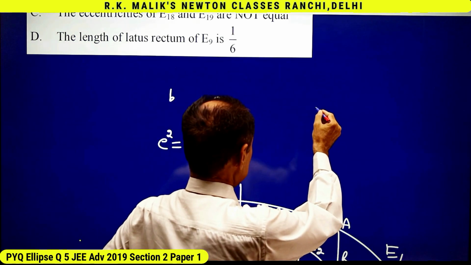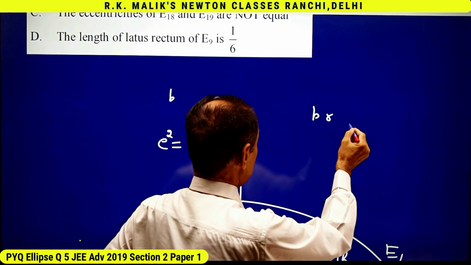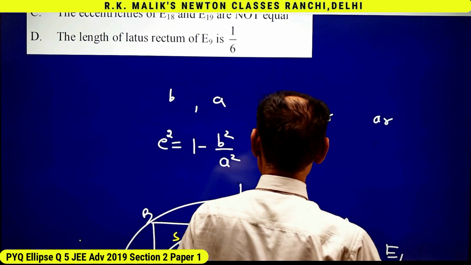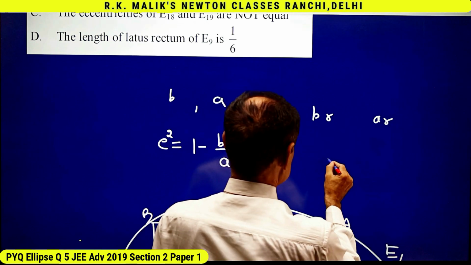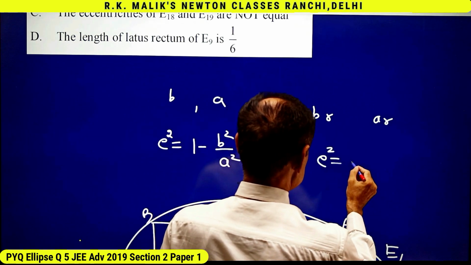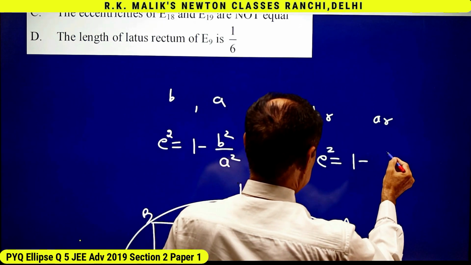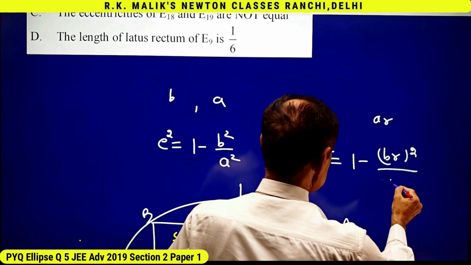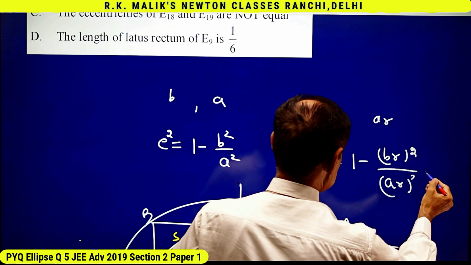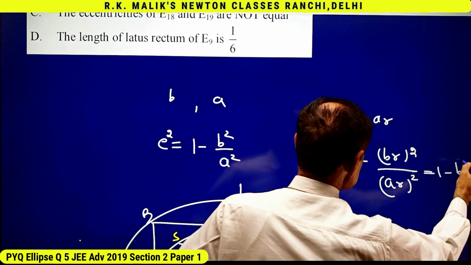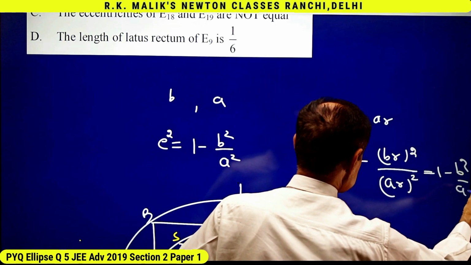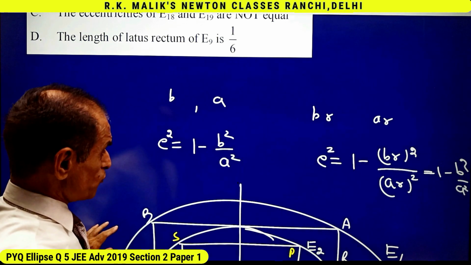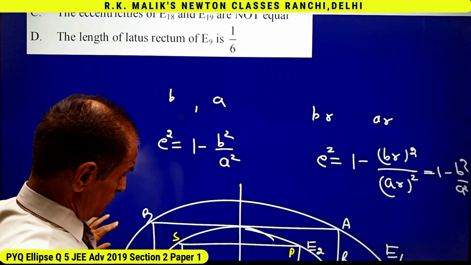The length of the semi-minor axis becomes br and the length of the semi-major axis becomes ar. Then the eccentricity of the new ellipse will clearly be the square root of 1 minus br square upon ar square, that is 1 minus b square upon a square. And I am going to use this conclusion for this ellipse.